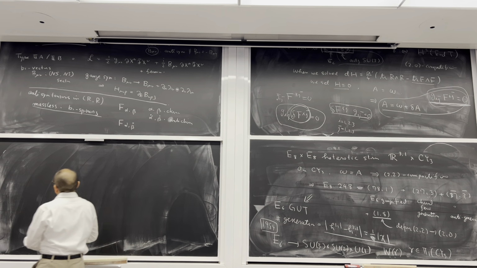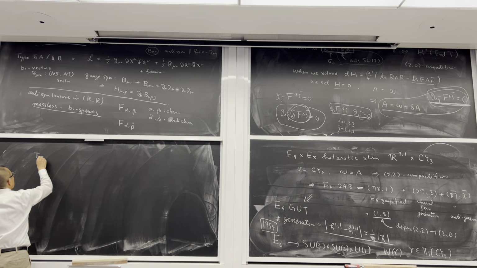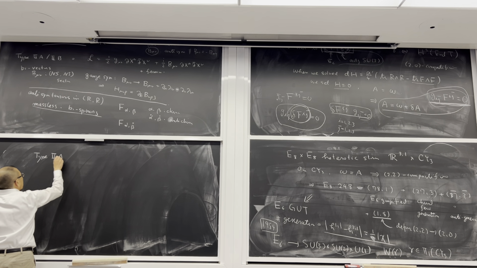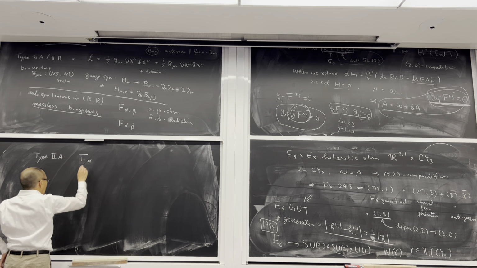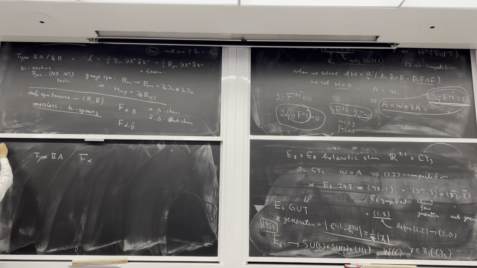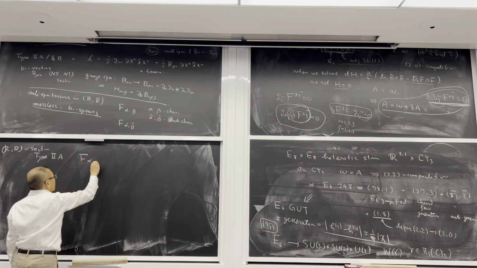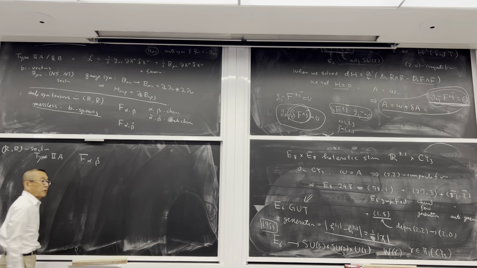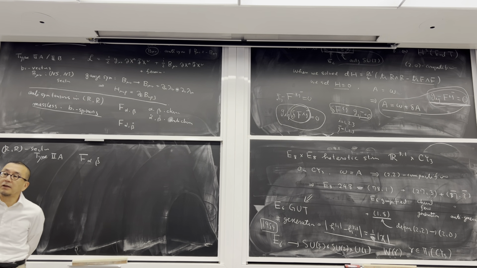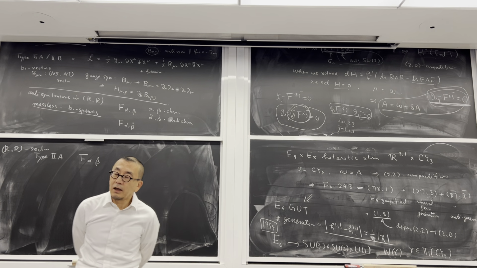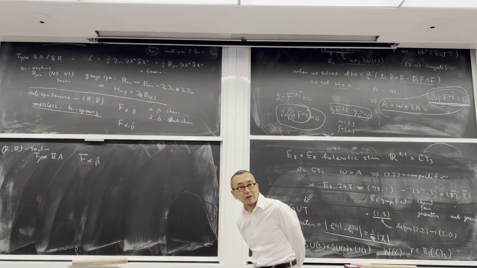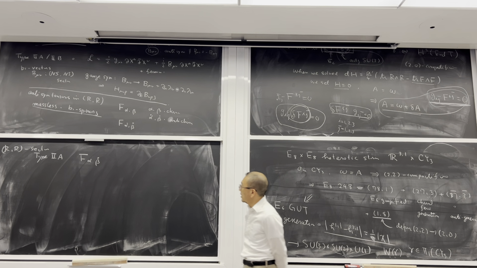So in type 2A, the Ramond sector is a bispinor but with opposite chirality. That was due to the GSO projection that we talked about.